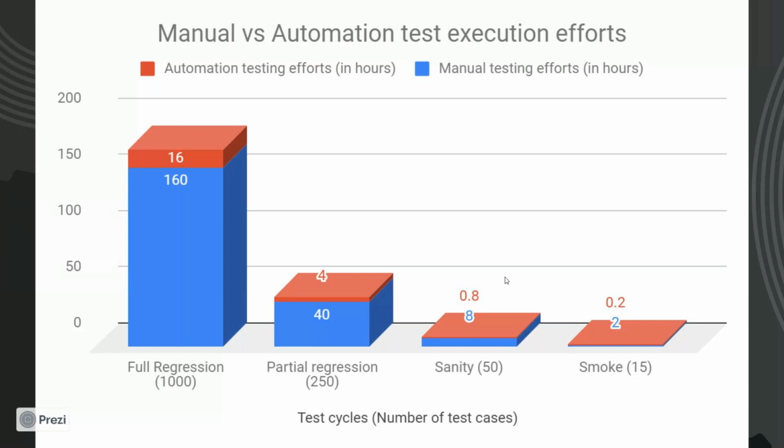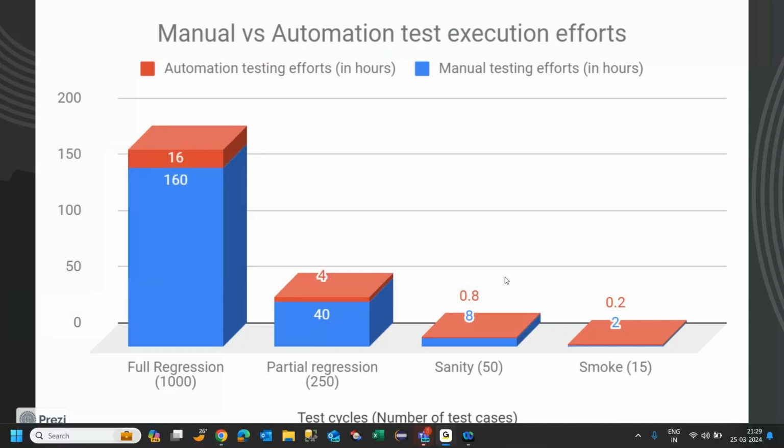Yeah, go ahead, Sharon. Compared to manual testing, in different stages of QA testing for a project or a specific application, the number of hours taken to complete the automation testing is far less. If you look at the full regression, it's almost maybe one tenth of the number of hours taken to do the regression testing of the application manually.